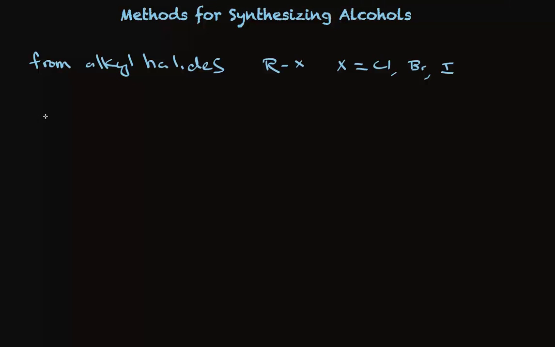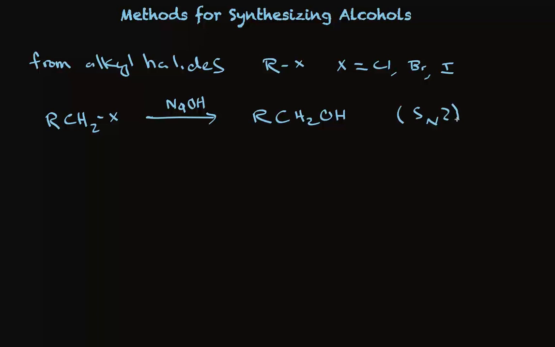And for primary alkyl halides, you can do an SN2 reaction using sodium hydroxide and get reasonable yields in many cases. I'm just going to write in parentheses so you remember it. This is an SN2 reaction, and the things we learned about SN2 reactions apply.